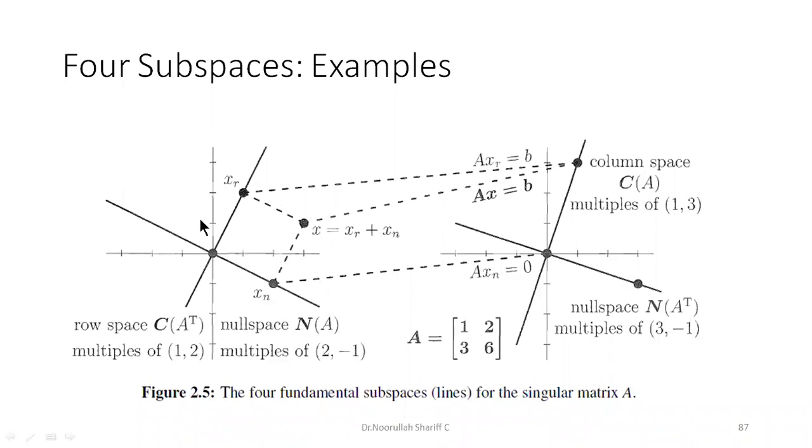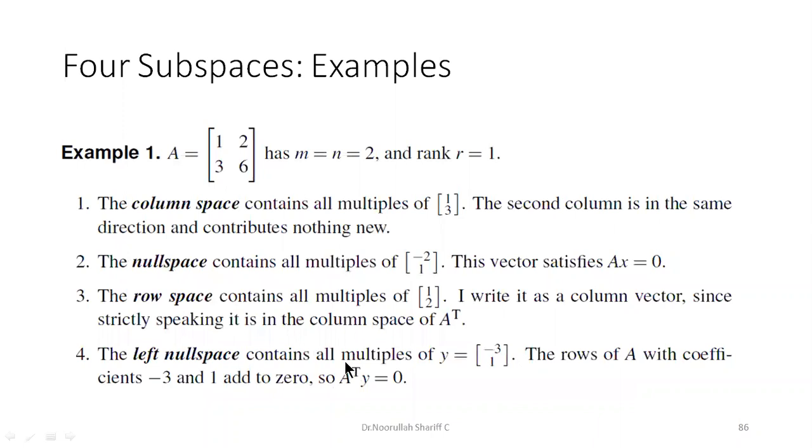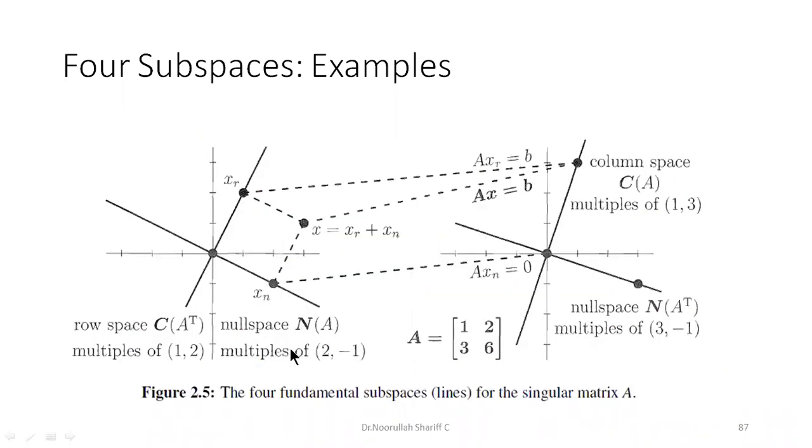The null space here is multiples of minus 2 and 1. So the null space of this is written a little wrongly. It should be minus 2 and 1, not 2 and minus 1.